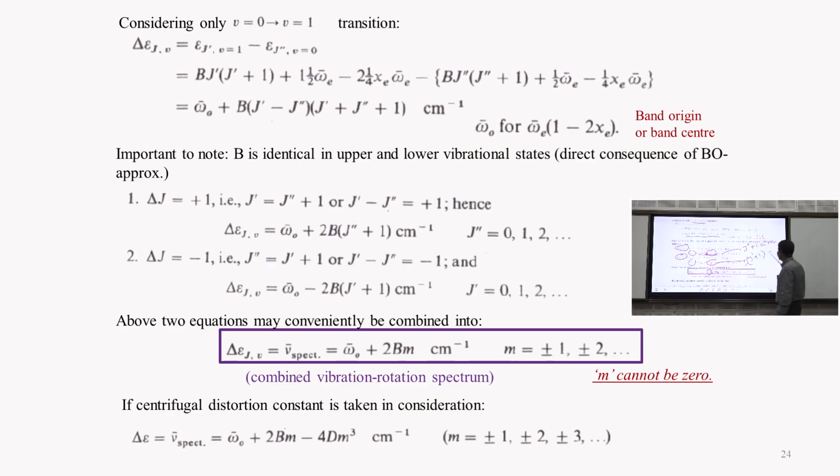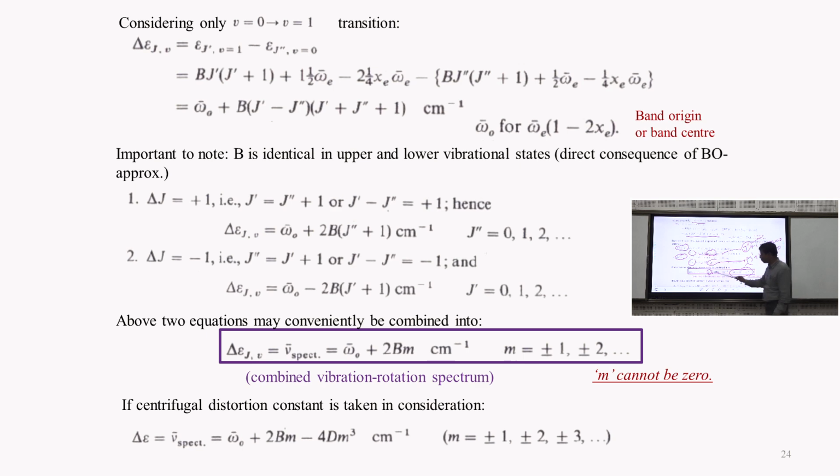So the expression is omega 0 plus 2Bm. Now m can be plus minus 1, plus minus 2, but m cannot be 0. Why can m not be 0? If m is 0 here, then J double prime, the rotational quantum number, becomes minus 1, which is not possible. So m cannot be 0.